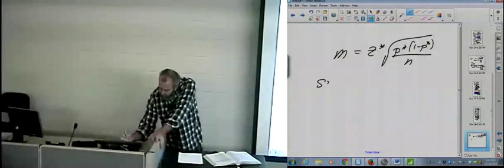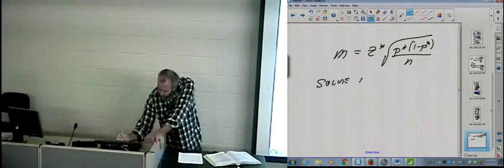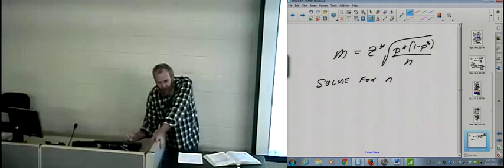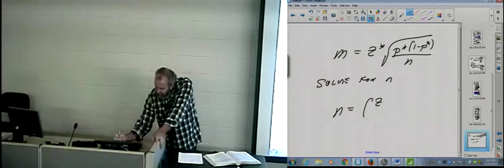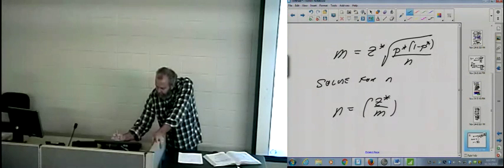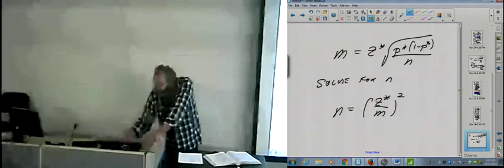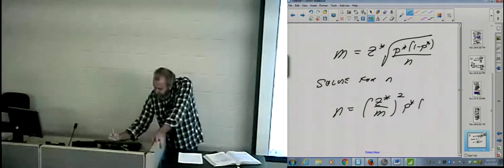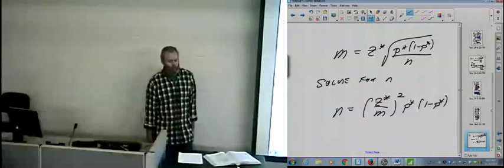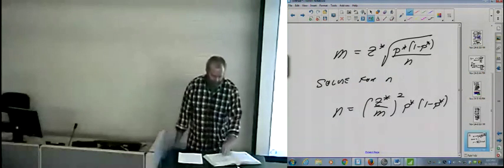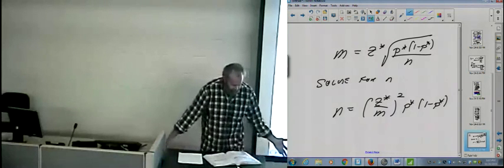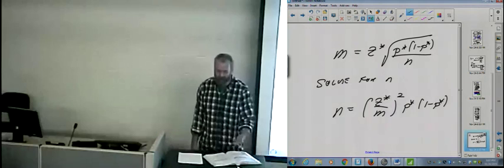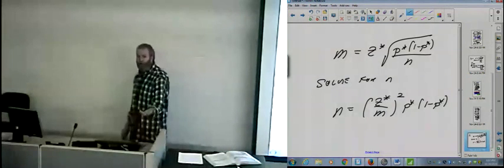If you solve for n, this is not an algebra class, folks, I get n is equal to z star over m squared times p star times 1 minus p star. That's your formula. That's the formula that shows up on page 524, sample size for desired margin of error with a given confidence level. It's on your formula sheet.